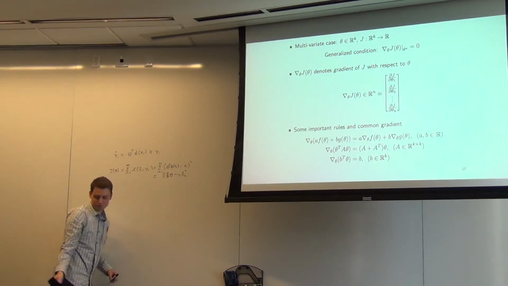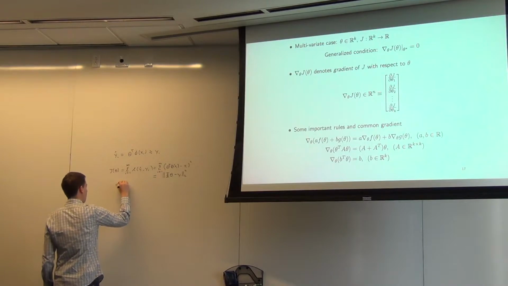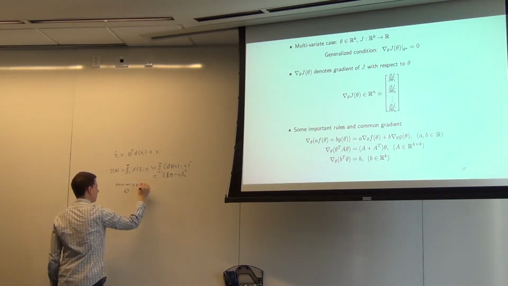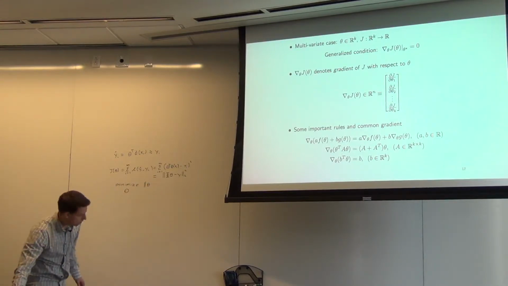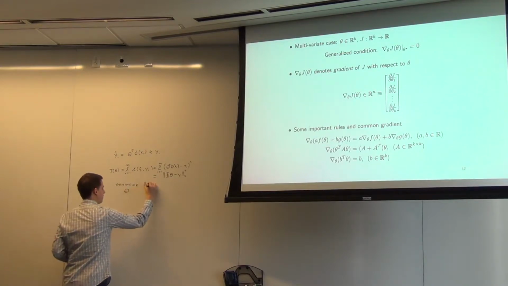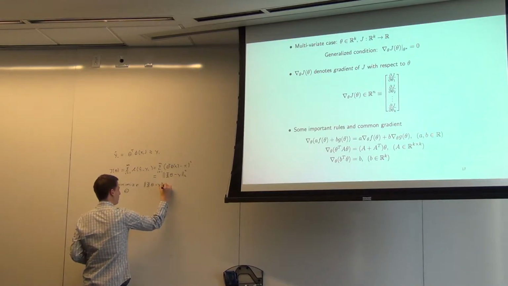So now, what we want to do is minimize over theta the quantity norm of phi times theta minus y, squared.